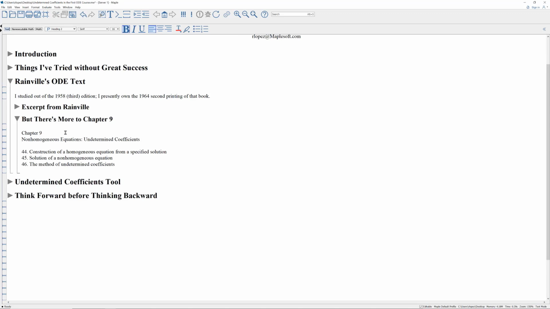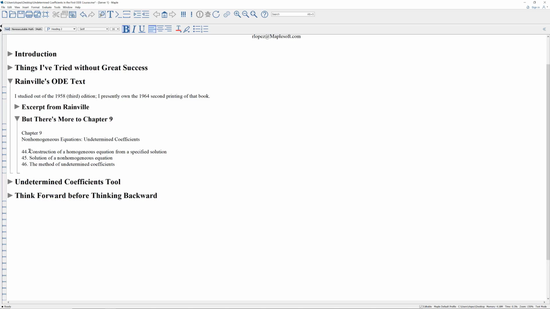Here's chapter 9, called Non-Homogeneous Equations, Undetermined Coefficients. So this chapter 9 is going to be devoted to learning about undetermined coefficients. We just saw a page from section 46, Method of Undetermined Coefficients. That's what we just looked at.